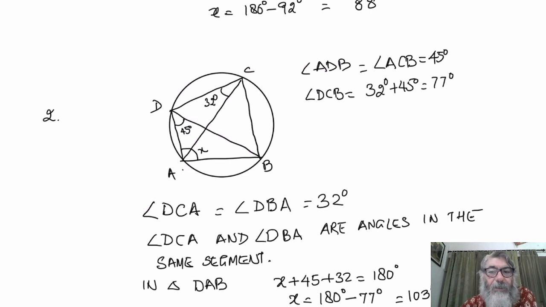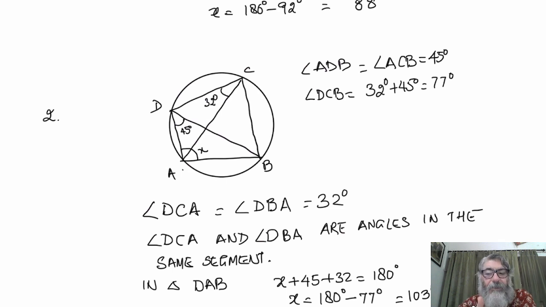And we have also read the property, the opposite angles of a cyclic quadrilateral are supplementary. ABCD is a cyclic quadrilateral. Why is ABCD a cyclic quadrilateral? Because A, B, C and D are lying on the circumference and all are joined with the help of straight lines. So it is a quadrilateral, and the vertices of this quadrilateral are lying on the circumference of the circle.